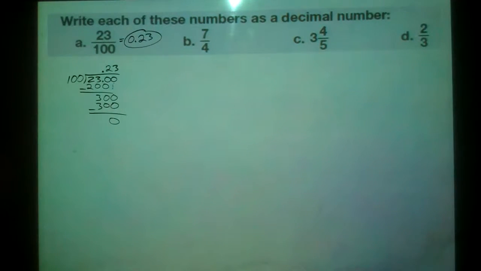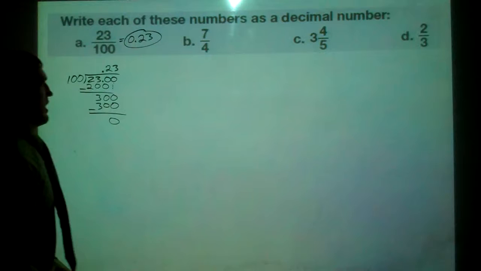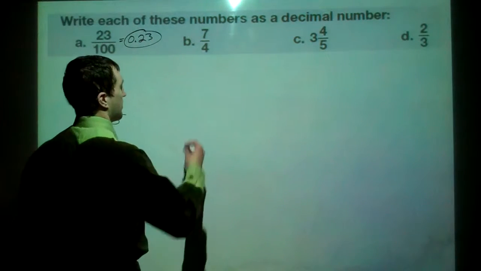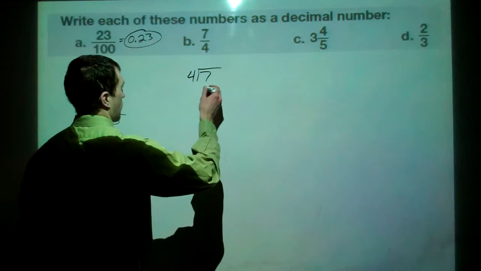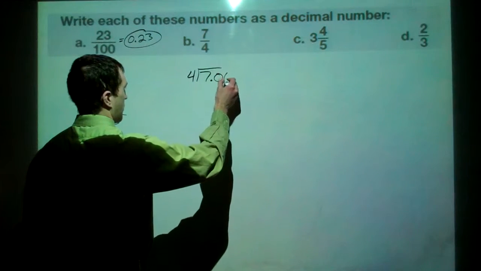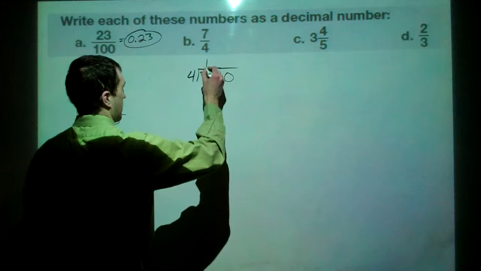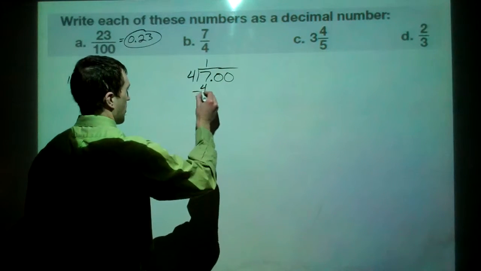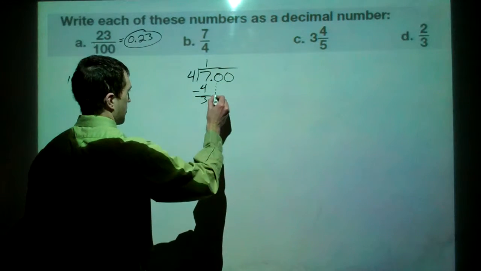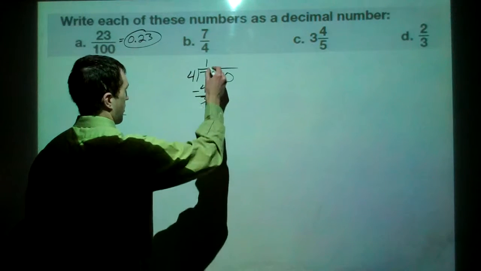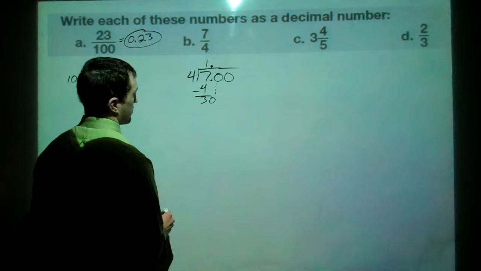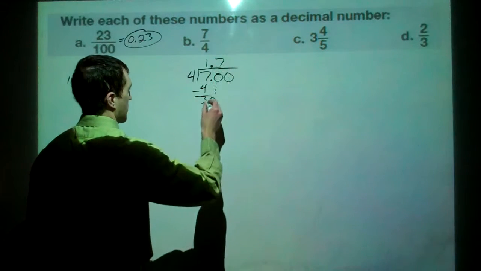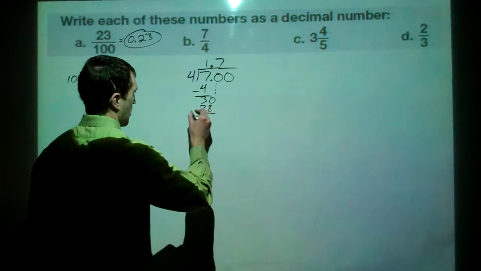Checking the time there. 7 over 4. Let's see what that one is. 4 goes into 7 one time. Drop our 0. 4 goes into 30. There's our decimal there. 4 goes into 30 7 times. 7 times 4 is 28.